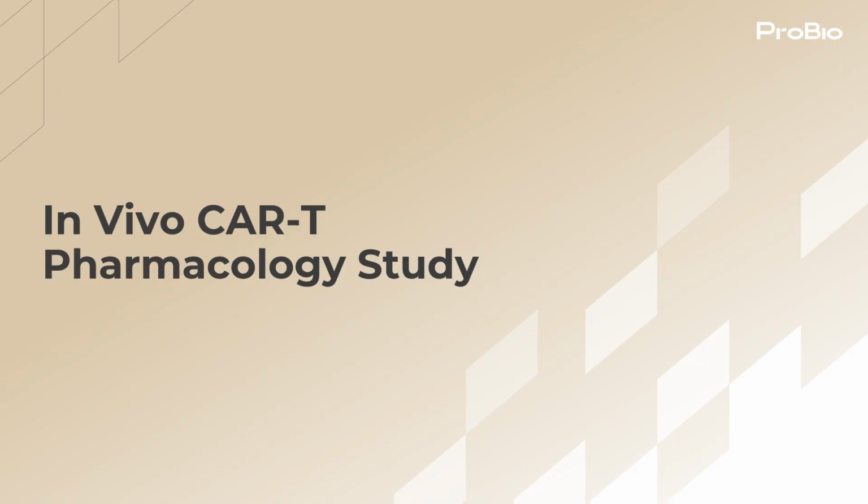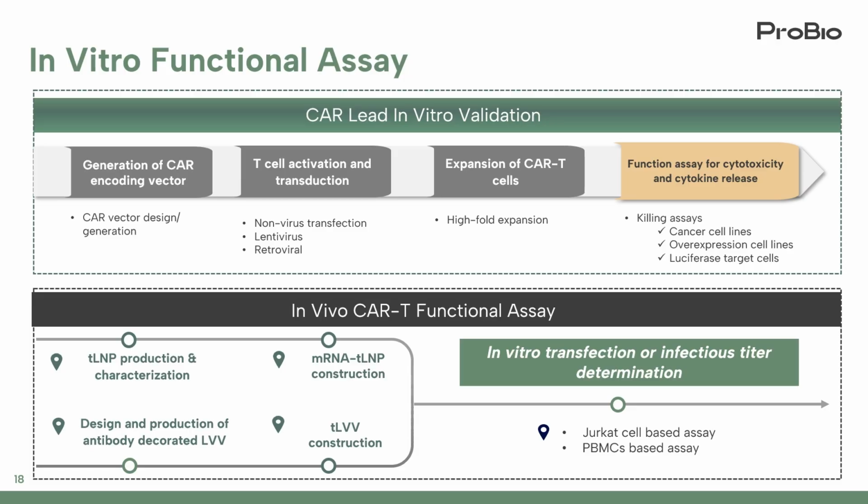All right. After the identification of CAR and the T-cell targeting antibodies, we now move forward to the pharmacology validation of the in vivo deliveries. First, for the in vitro part, we have talked about the CAR lead functional validation in previous sections.